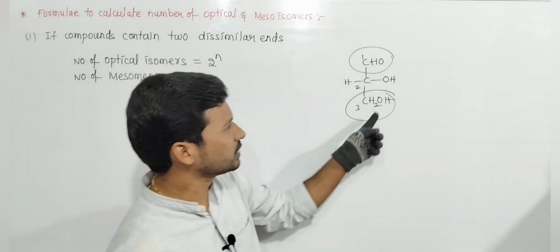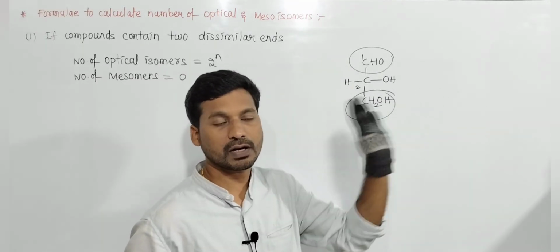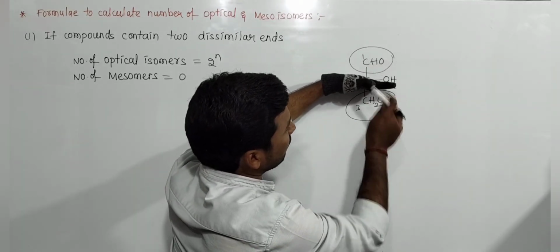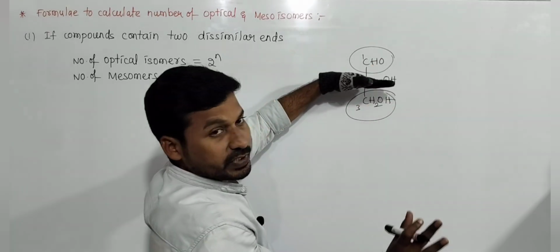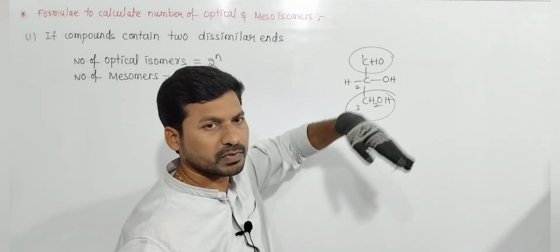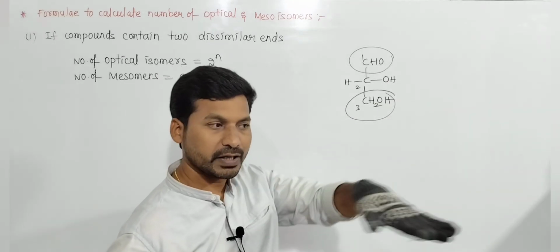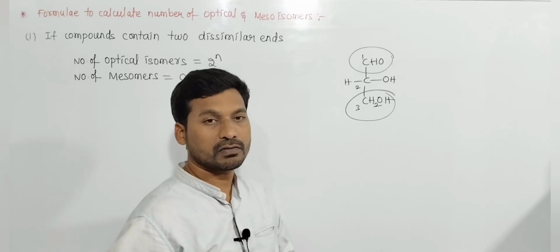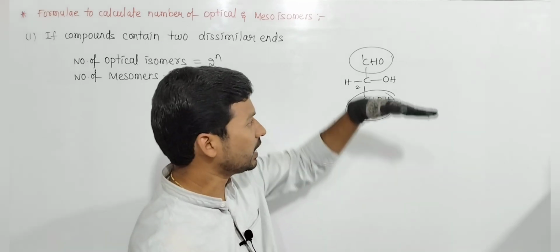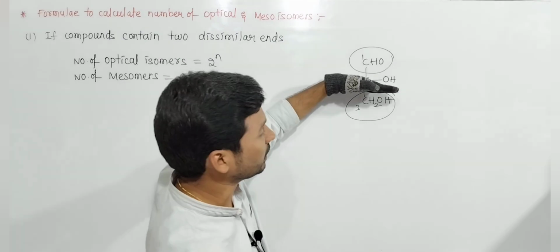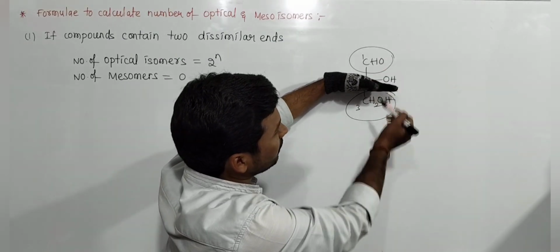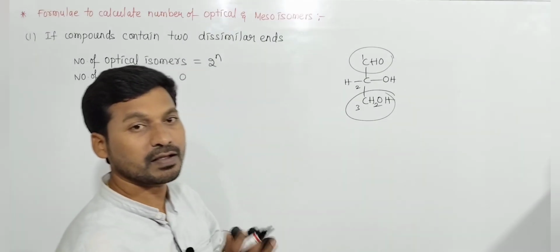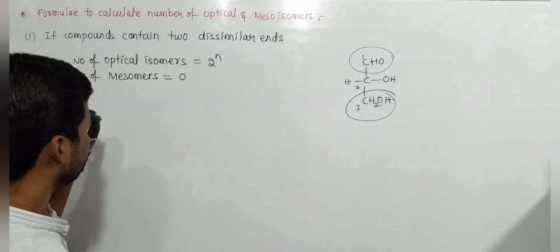Whenever the two ends are not the same, mesoisomers are not possible, because for a mesoisomer the plane of symmetry means top and bottom should be the same. What are mesoisomers? Compounds which have more than one chiral center and an internal plane of symmetry. To have an internal plane of symmetry, both ends should be the same. Here both ends are not the same, that's why mesomerism is not possible.